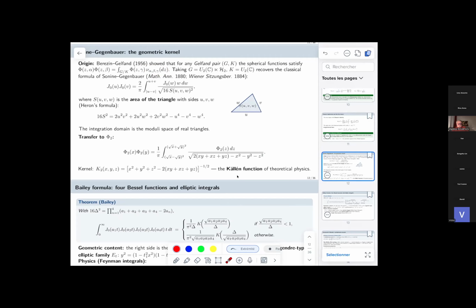For the case of n equal to 2, you should take Hermitian matrices H2 and compact K, unitary 2 times 2 matrices, then the corresponding G mod K will be R2, and the Sonine Gegenbauer formula is just a product of this spherical function, which corresponds to this elementary symmetric space with rotational invariance.